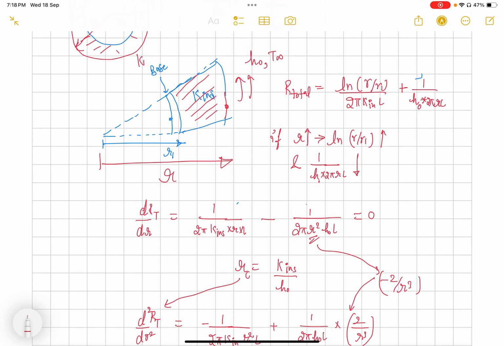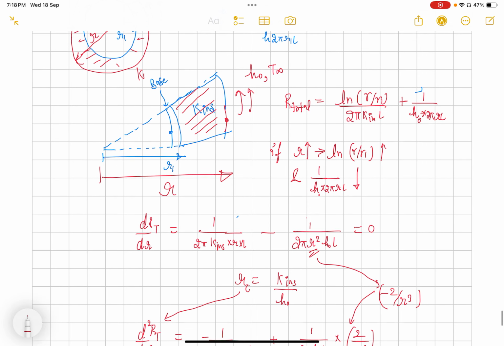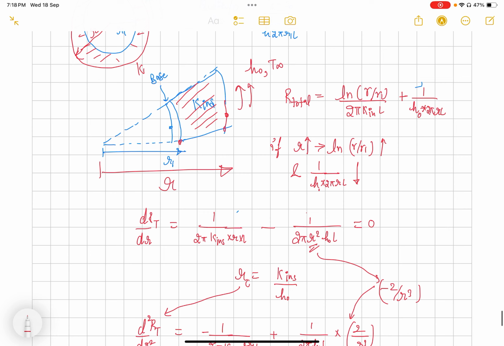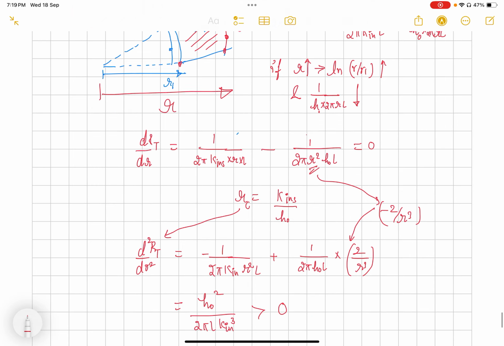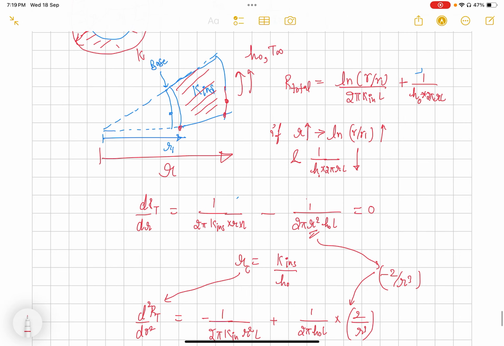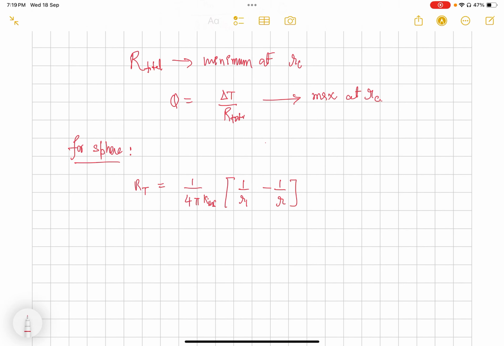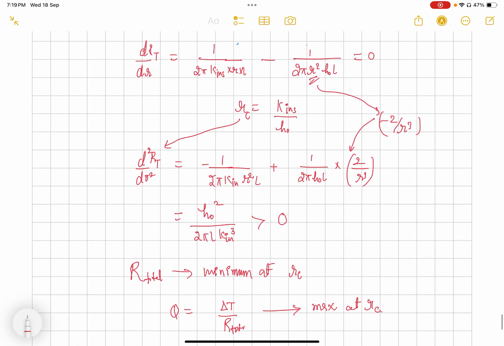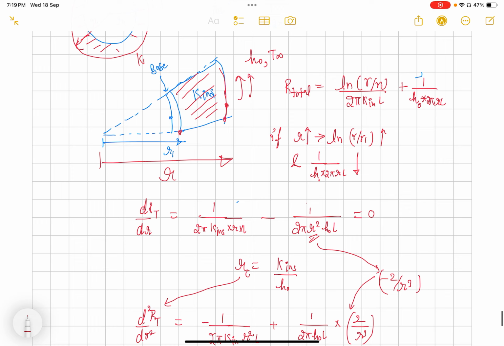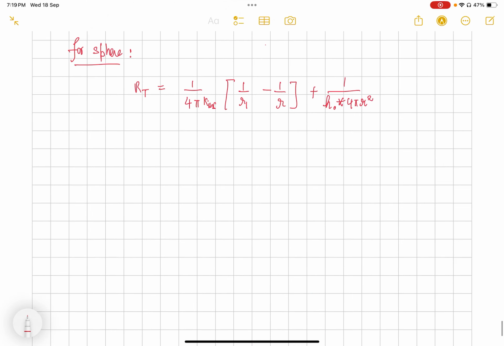We suppose that we are insulating the sphere from outside, so it is R1 and this is R. First the thermal resistance comes from the conduction resistance of the insulating material, which is 1 by 4 pi K insulation times 1 by R1 minus 1 by R. Then the convection resistance is 1 by h on the outer side times 4 pi R square, the outer surface, for the sphere.